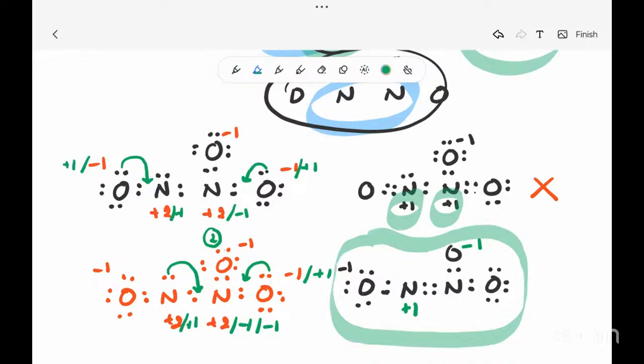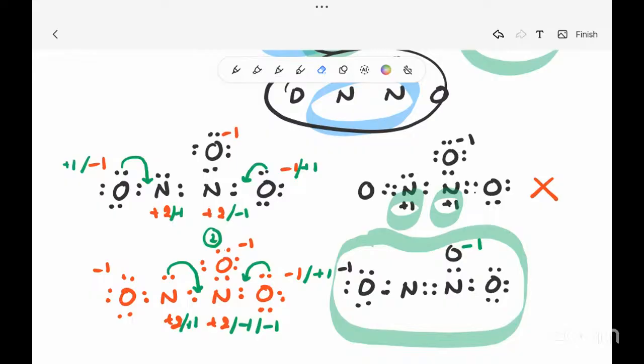right? There's a question. One nitrogen is plus 1. Did I do a mistake here? I think this is plus 1, right? Nitrogen 1. Minus 1, minus 1. 1, 2, 3, plus 2.